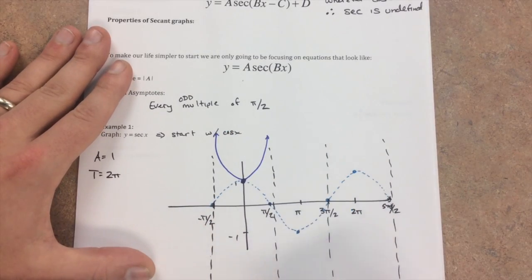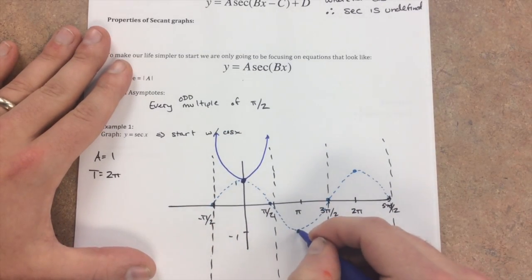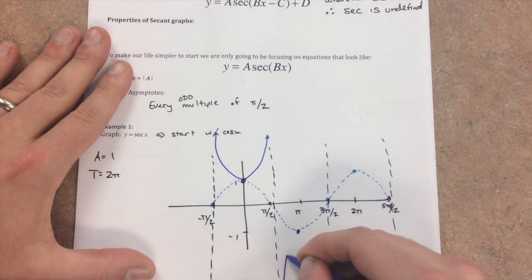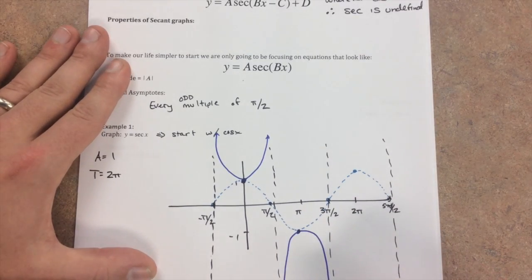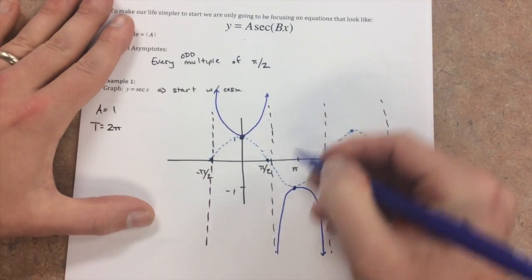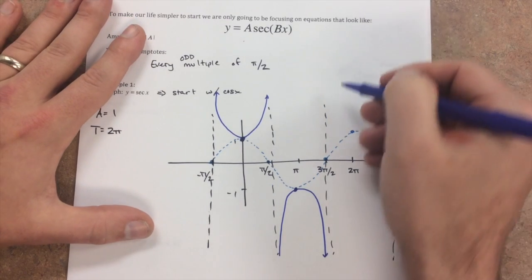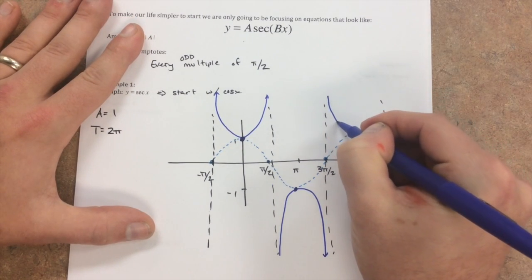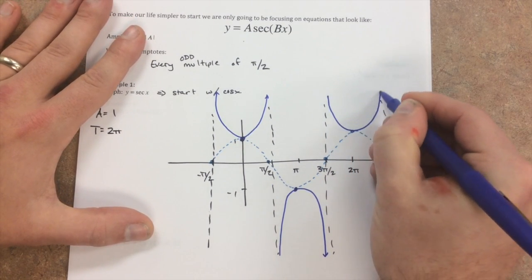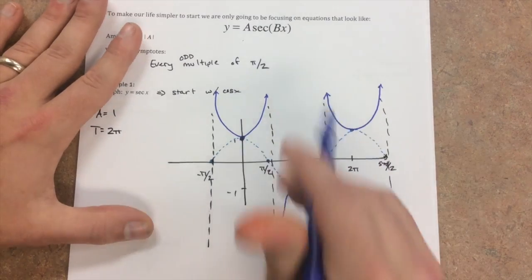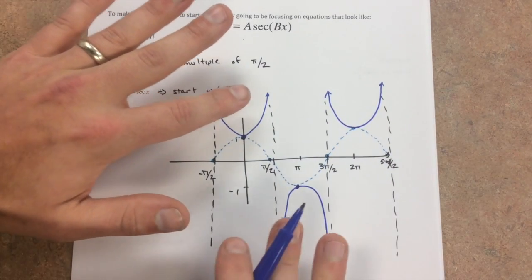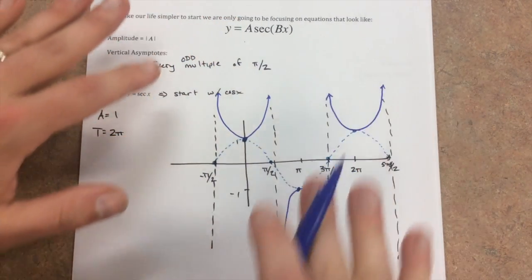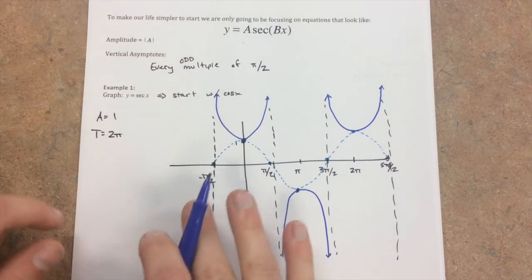And then from pi over 2 to 3 pi over 2, these share a point, and it just hugs the vertical asymptotes. Same thing right here. These share a point, and it goes back up. So the graph of secant alternates, and it just lies on top of a cosine graph.